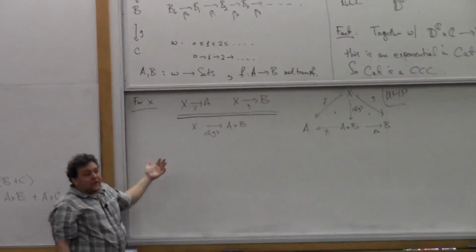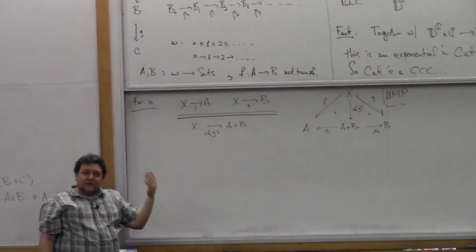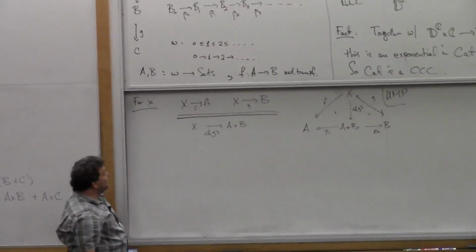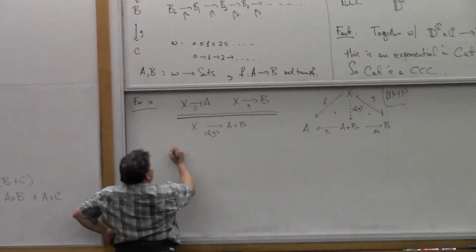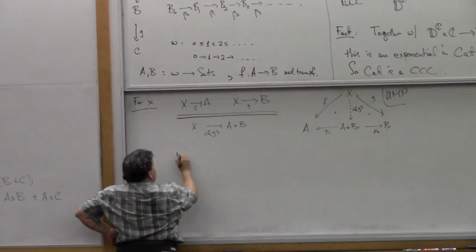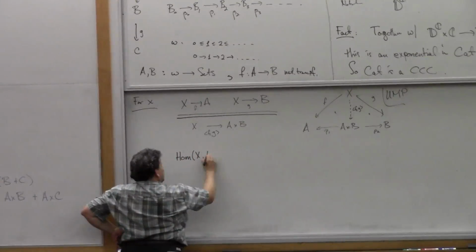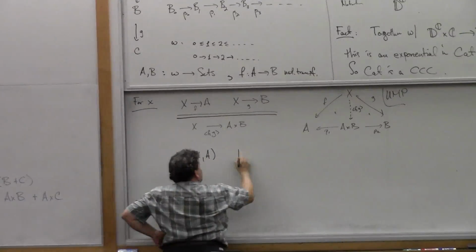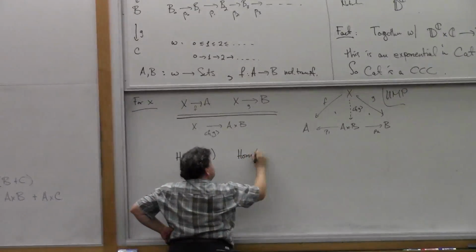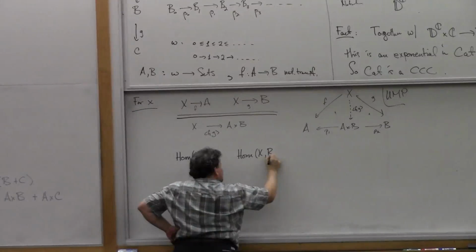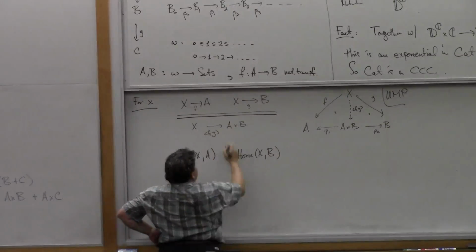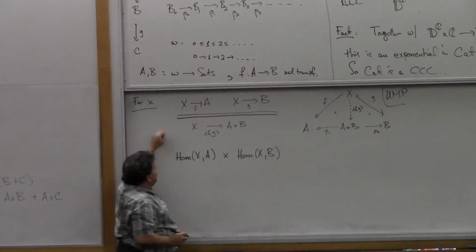Okay, so a third way of expressing this same thing, not to belabor the point, but it's a convenient way of doing it, is this. What's above the line is the Hom set Hom(X,A) times Hom(X,B), since it's pairs.